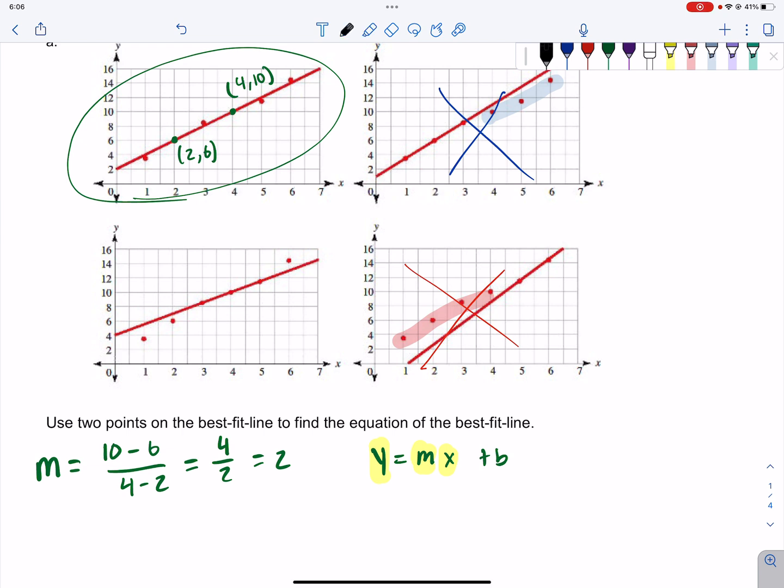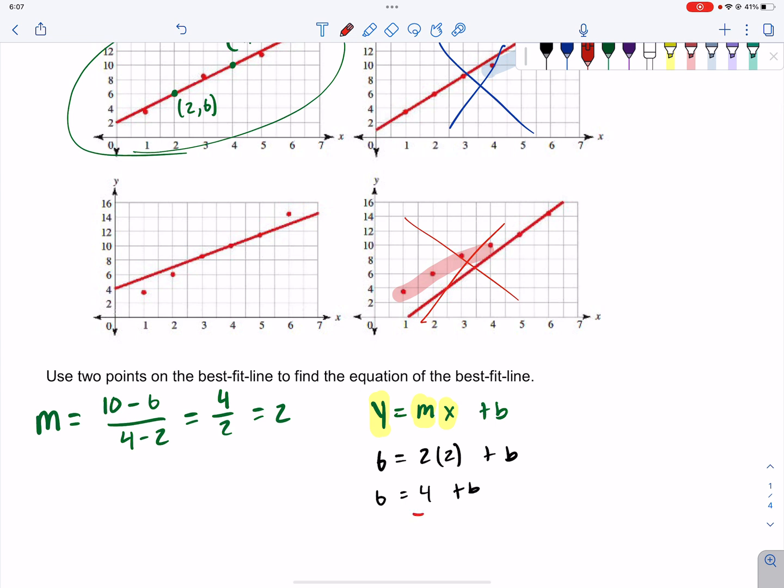So if I use that first point (2, 6), we have that when y is 6, this is equal to 2 for m times 2 for x plus b. So now we have 6 equal to 4 plus b.